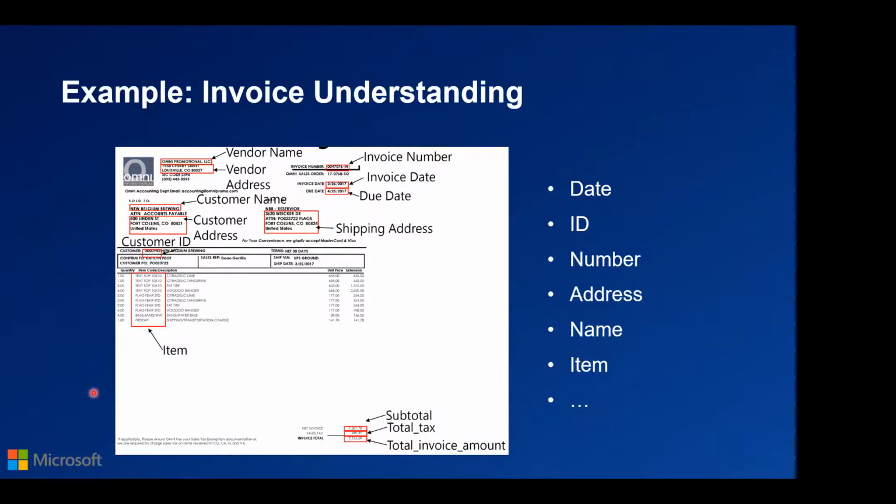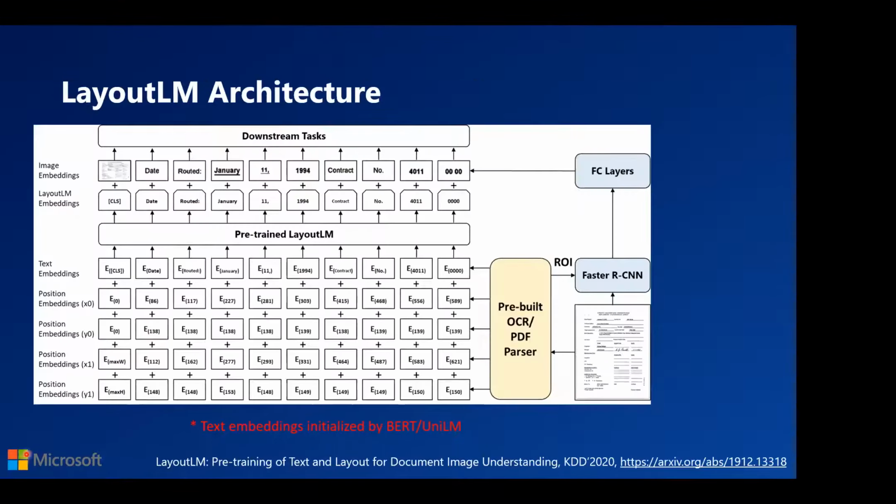We want to know what's the date, what's the invoice ID, what's the number, what's the address, what's the name, what is the item list. You can see that they all scatter around the document, and it's sort of structured, but if you look across many different invoices, the structure is hard to describe. This is the kind of problem we're trying to address with the LayoutLM approach.